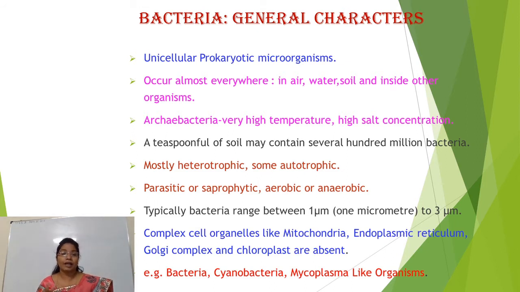So bacteria are omnipresent. Certain bacteria may survive at very high temperature or very high salt concentration, and such bacteria are called archaebacteria or archaea. For example, certain archaea may be present in hot springs also.